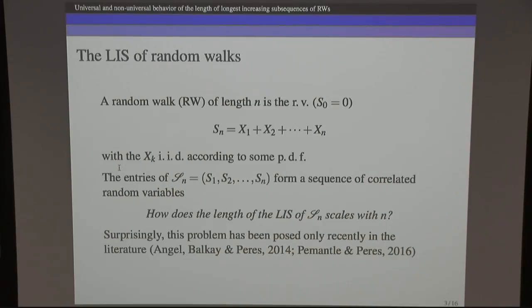They are correlated. This is important because it's not that easy to deal with correlated random variables. And how does the length of the LIS of this random walk scale with n? It's surprising that it took this much time for this question to be asked.